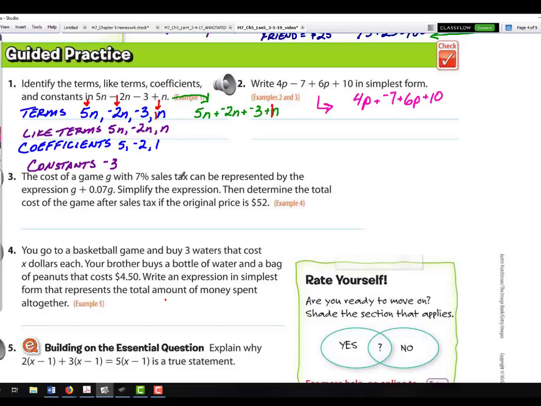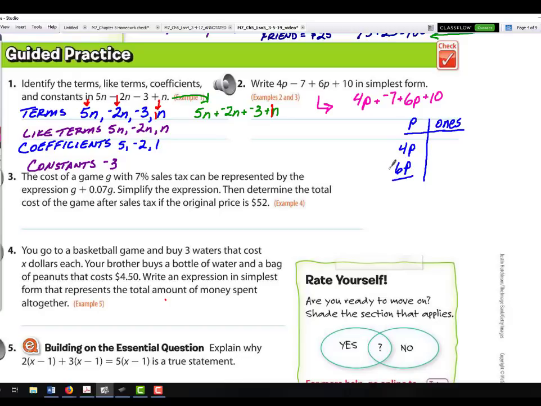Step 2, you can use whatever method you like. I, again, like the t-chart method. I have things where p is the variable, and I have 1s. In the p section, I have 4p and 6p.